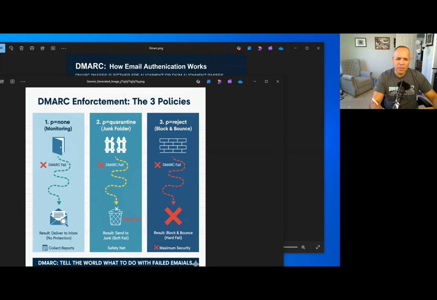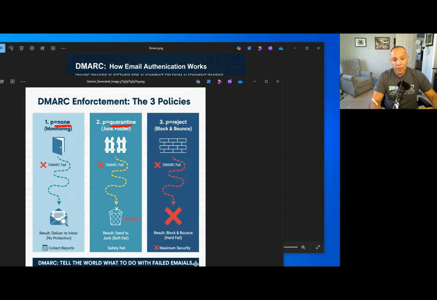Actually, I believe that I was wrong about sending it to junk. If it says none, it's going to send it to the junk folder too, such as quarantine. But that decision is going to be made by the receiver. In this case, when you have the policy as quarantine, the decision is going to be made by you, the sender, by your DMARC record, and it tells the receiver, hey, if you get this and it's failing, send it to junk.